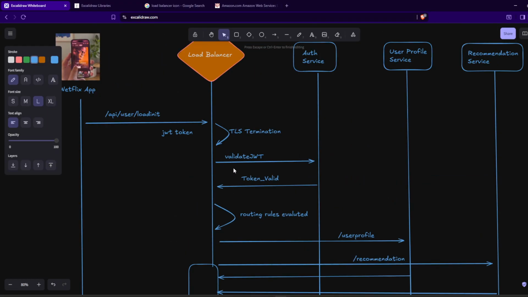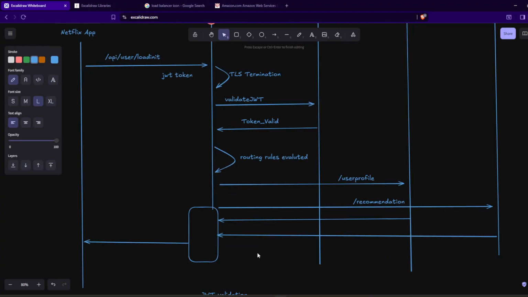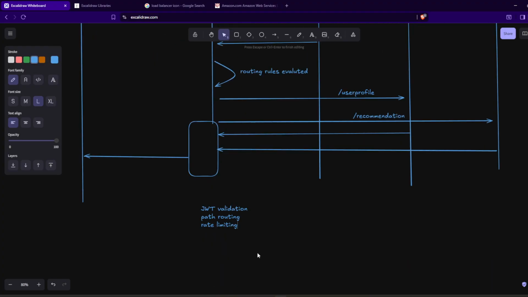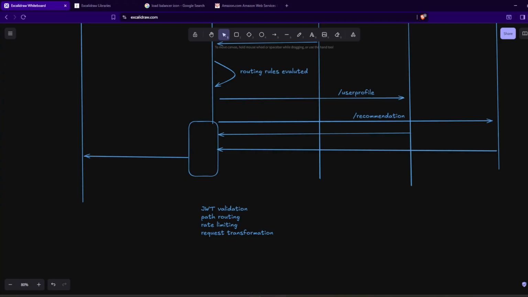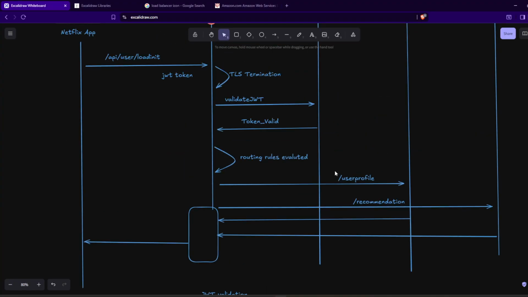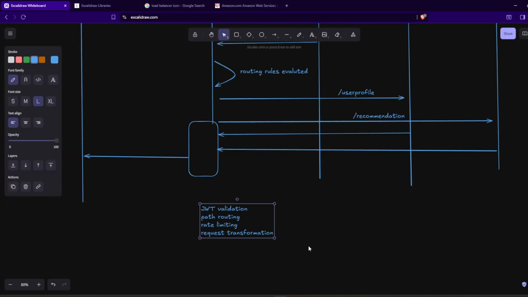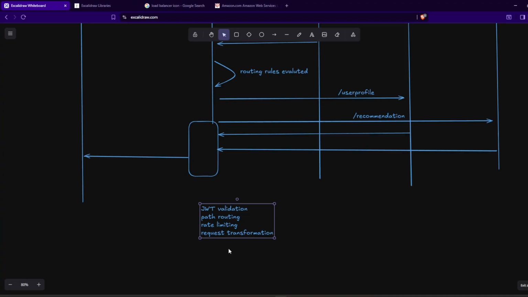It can inspect how many requests are coming from a single user or a single application IP. And if required it can also do some kind of request transformation. Suppose I do not want some information to be shown to my backend servers, so I can put that kind of request transformation over here.